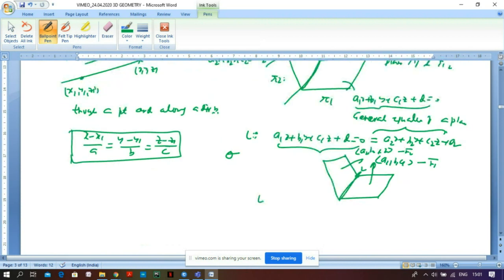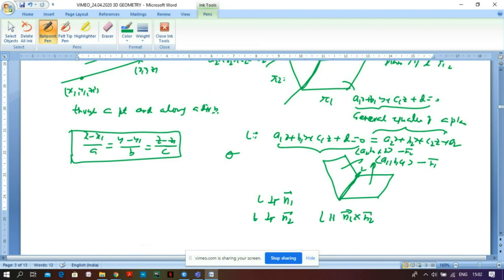So we know that line L is perpendicular to n1, and the same line L is perpendicular to n2, because L lies in both planes. And so L is parallel to, if they were vectors, n1 cross n2.